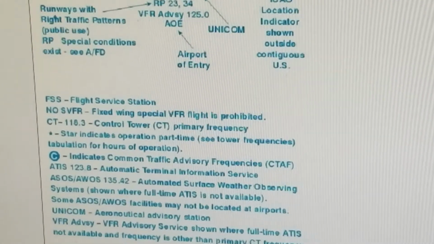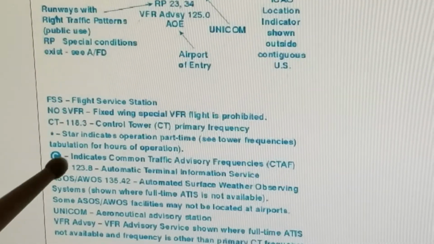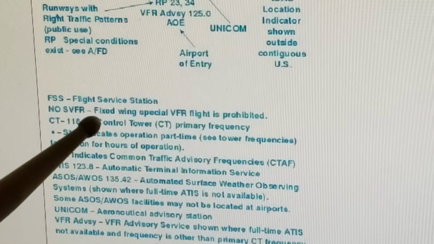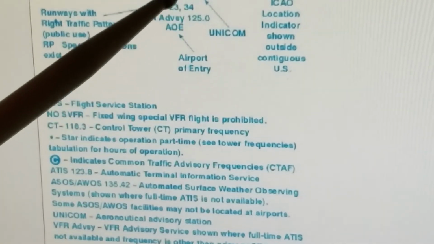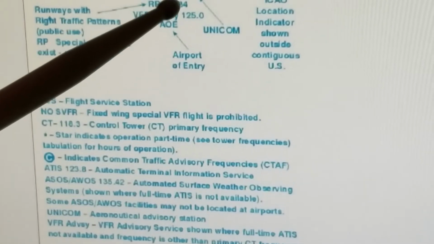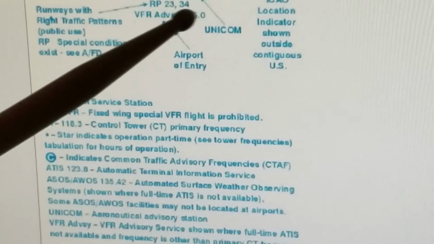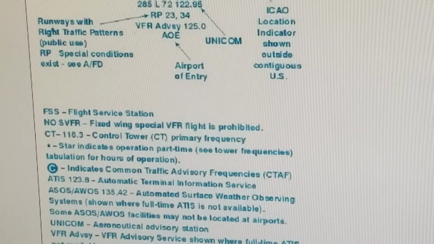Here, this striking background C indicates the Common Traffic Advisory Frequency. So that is the frequency they are asking, CTAF. That's 122.95. So that pretty much you need to know.